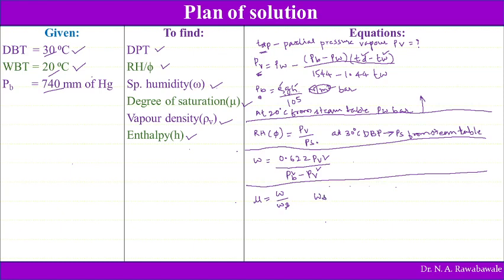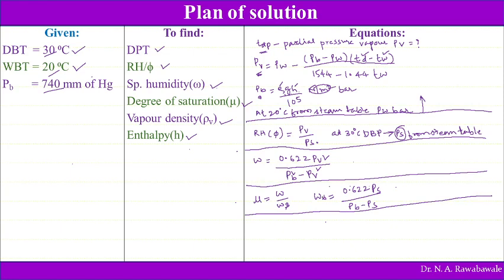To find out omega s, omega s is equal to 0.622 PS divided by PB minus PS. PS we have already obtained from the steam table, so that is to be substituted, and from that we get omega s, and from omega s we get mu, that is the degree of saturation.